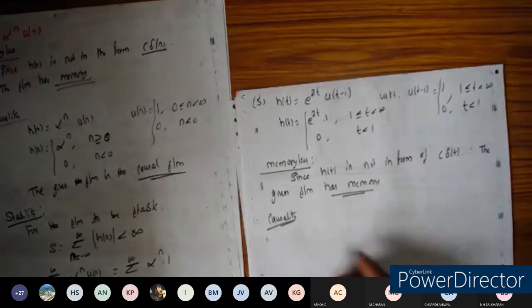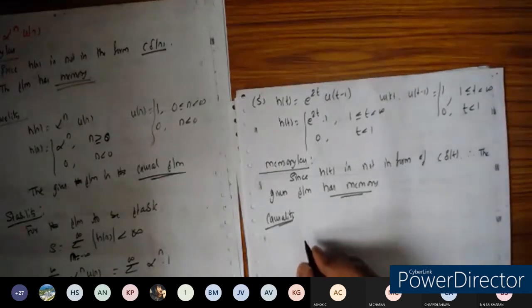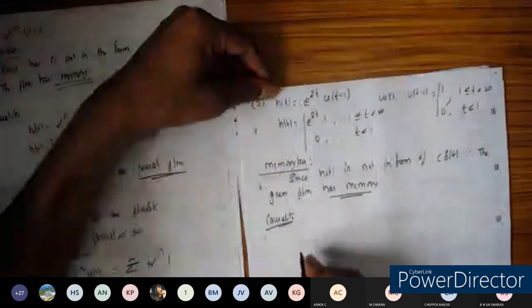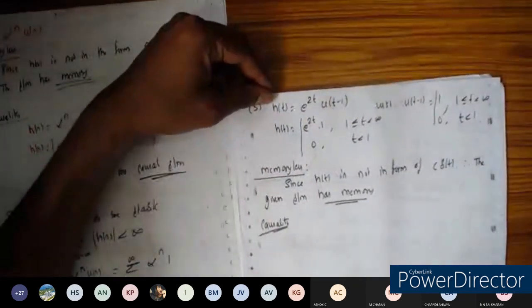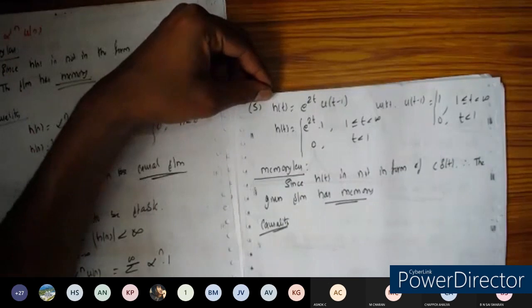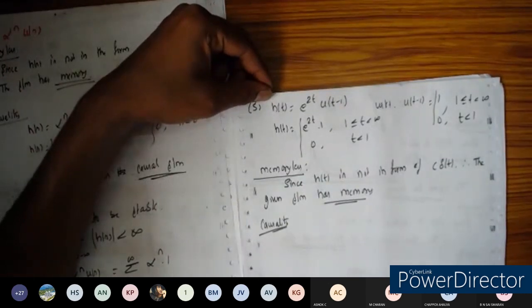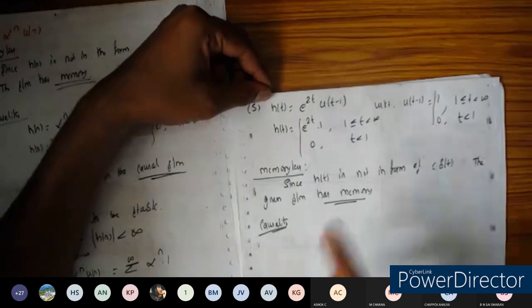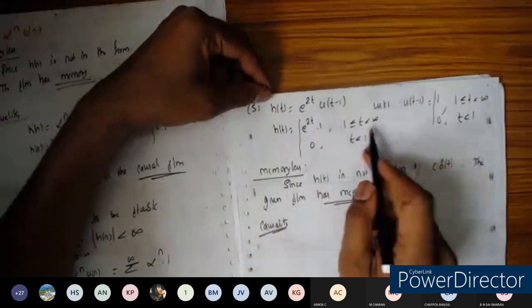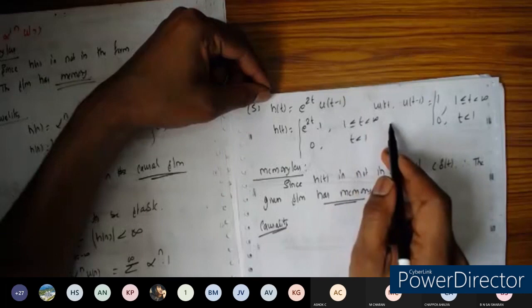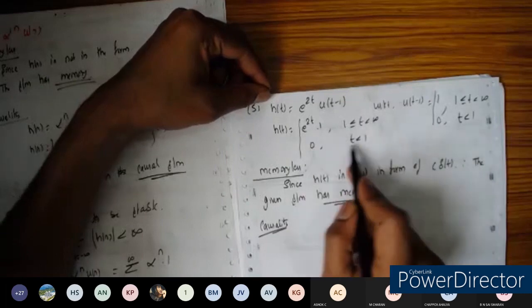Okay, so let us take the causality property. Whether the given system is a causal or non-causal system. Non-causal, because it is defined from 1 to infinity, and it is equal to 0 for t less than 1.